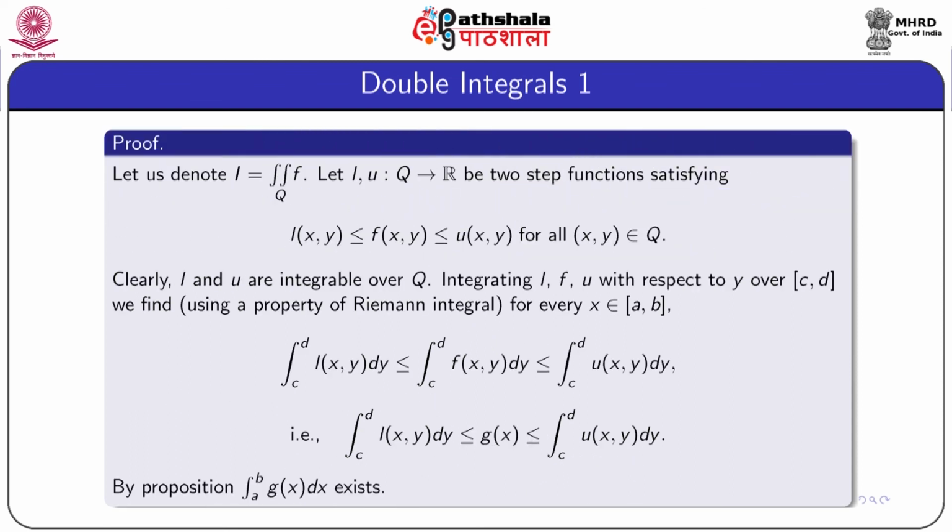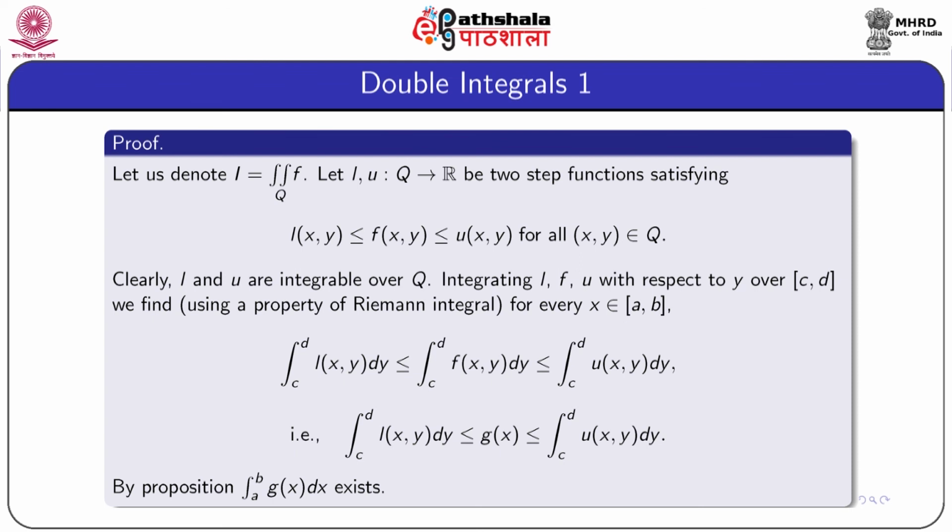Proof. Let us denote I equal to the integral of f over Q. Let L and u from Q to R be two step functions satisfying L(x,y) less than or equal to f(x,y) less than or equal to u(x,y) for every (x,y) in Q. One can easily understand that L stands for lower and u stands for upper.